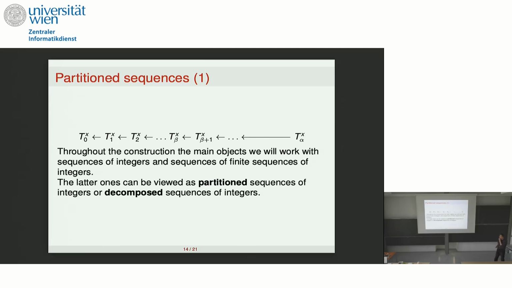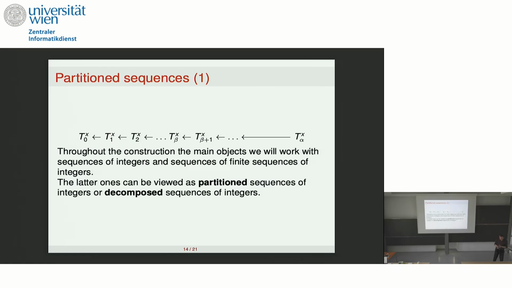But throughout the construction, the main objects we will work with are sequences of integers and sequences of finite sequences of integers. The latter ones can be viewed as partition sequences or decomposed sequences of integers.